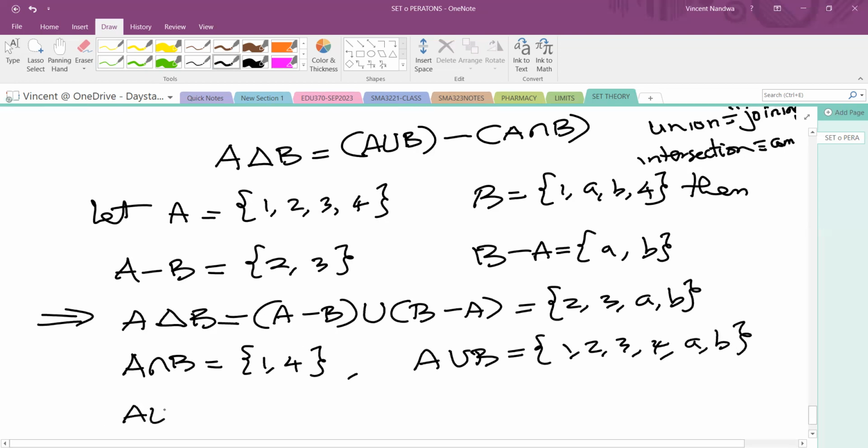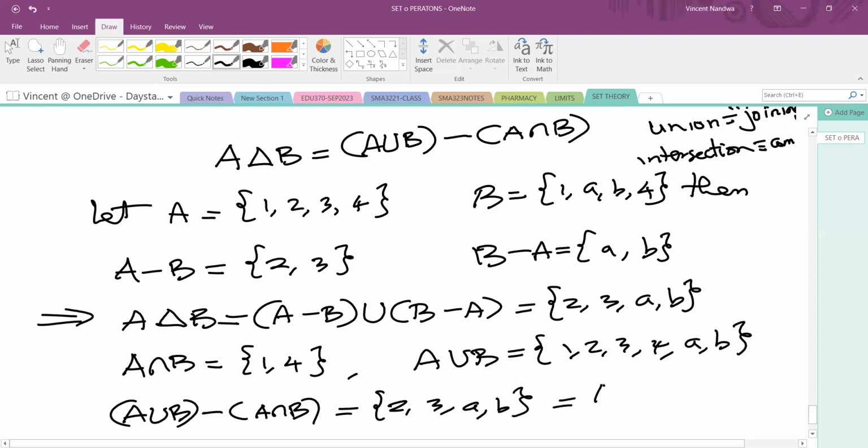So when you say A union B minus A intersect B, all these elements without 1 and 4 will be {2, 3, a, b}, which is the same set we have gotten in this given case.